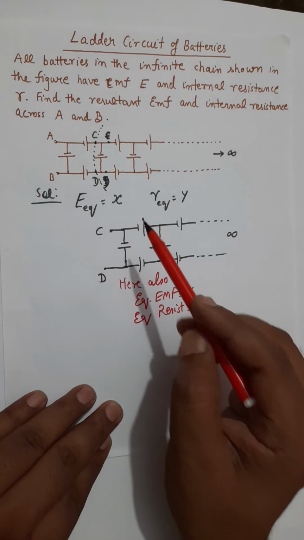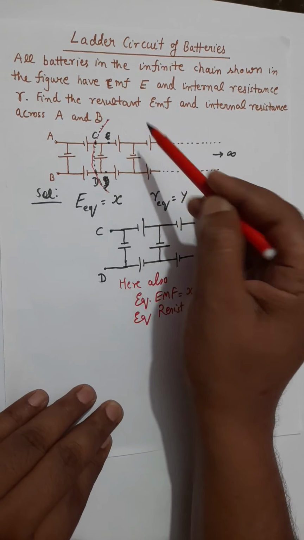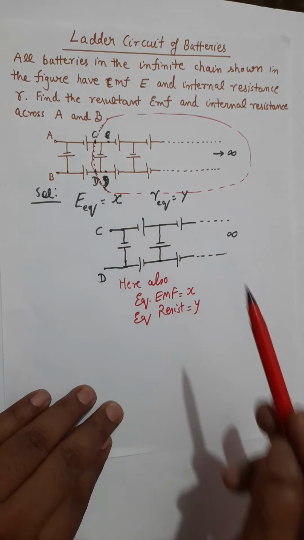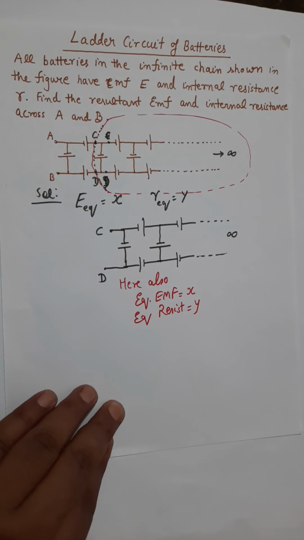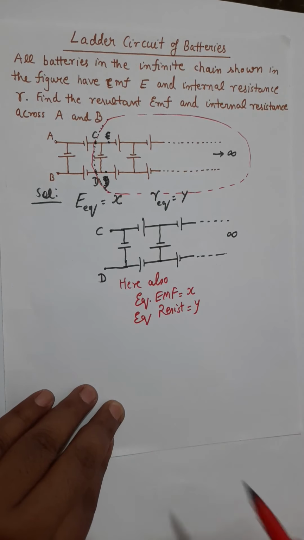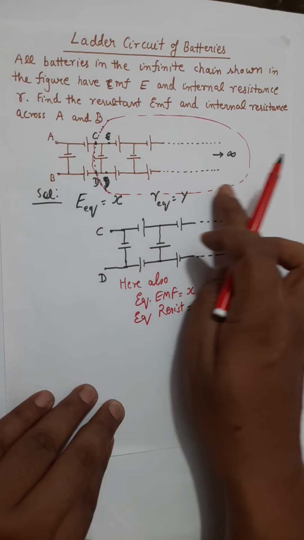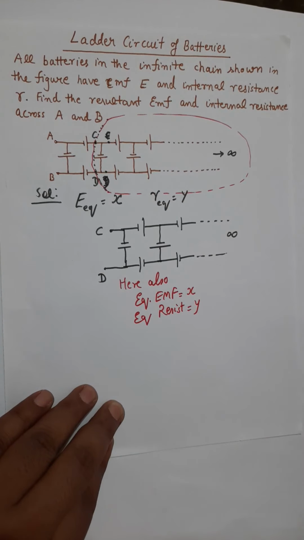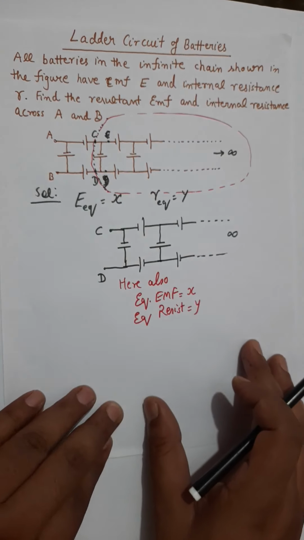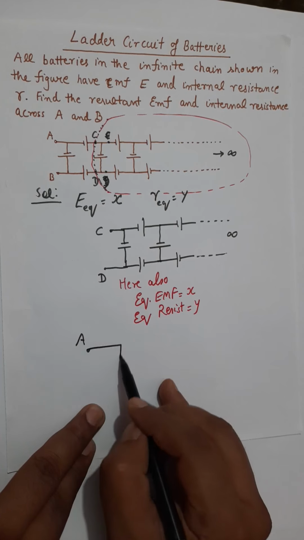So it means the circuit between point C and D and up to infinity, this entire circuit which looks similar to the original circuit, can be replaced by its equivalent. If you replace this entire circuit by its equivalent, you will get a circuit like this.